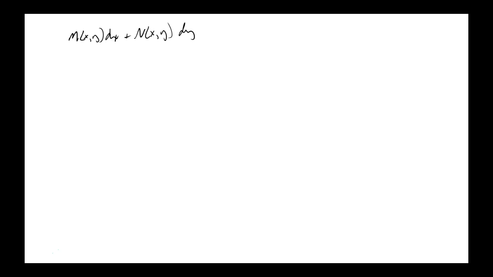It's not an exact differential. So now we're going to multiply mu of x,y by both of those. I wish I'd left more room. Now, we don't know what the mu is yet. But I'm going to use the shorthand notation.